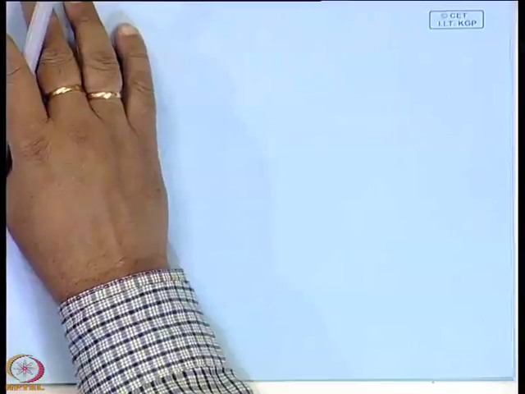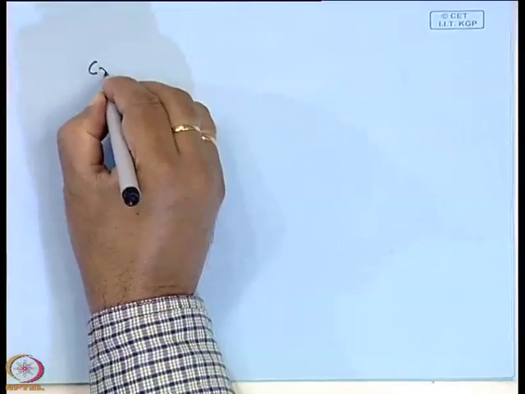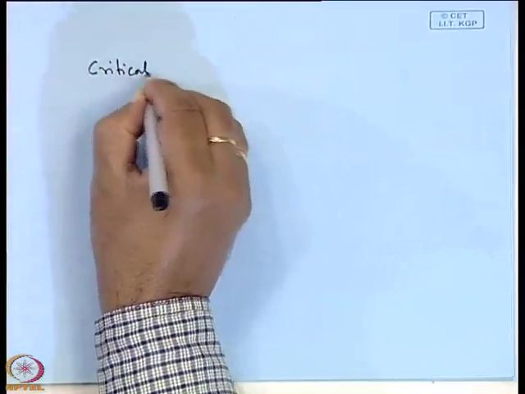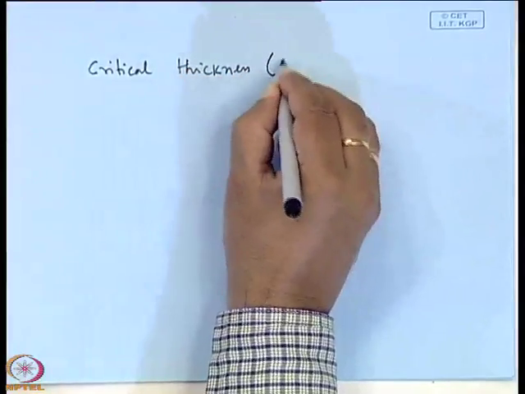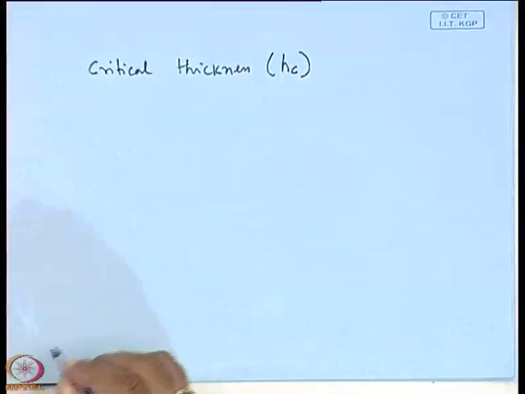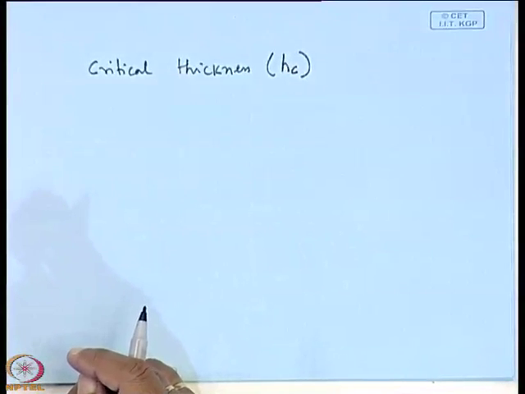Okay. And there will be one concept which is known as the critical thickness, which is denoted by Hc, critical layer thickness. Critical layer thickness of whom? Critical layer thickness of the epitaxial layer.